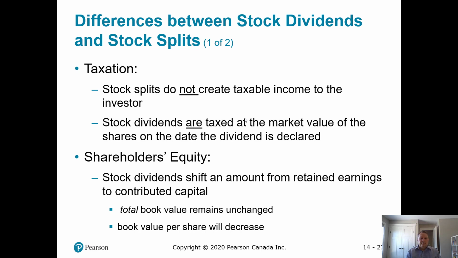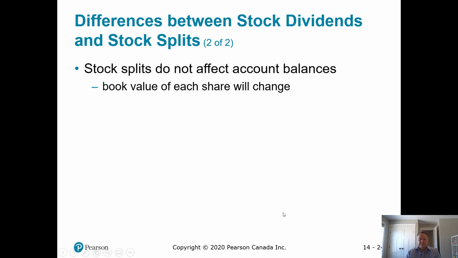Stock dividends in the shareholders' equity section just move money between retained earnings and contributed capital. Nothing changes in the total, but the book value per share will decrease because we've got more shares.